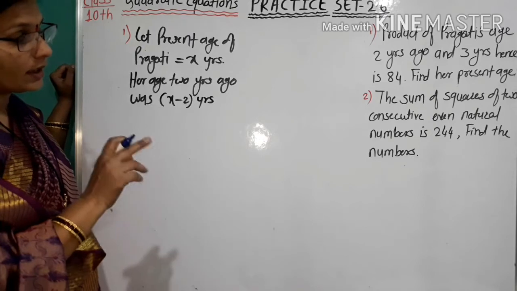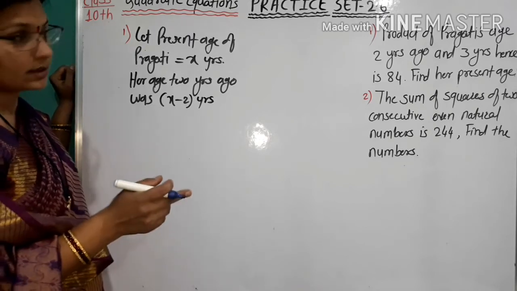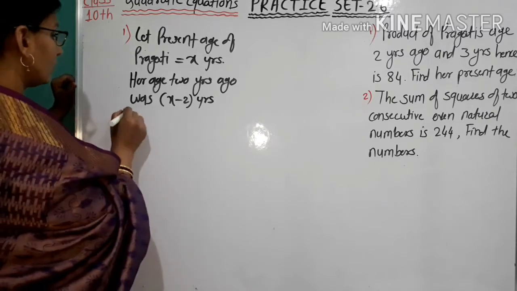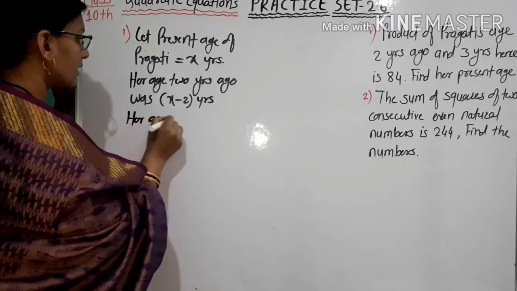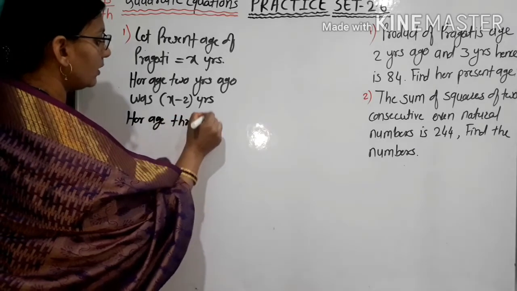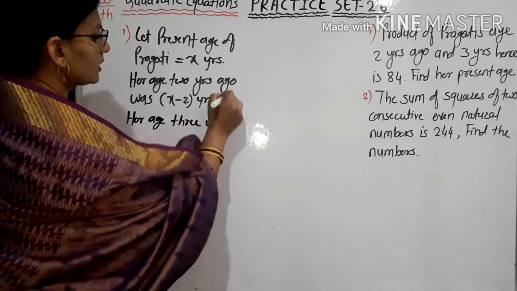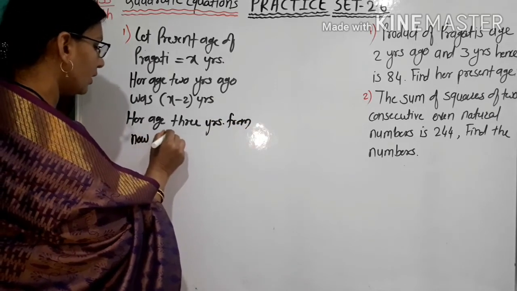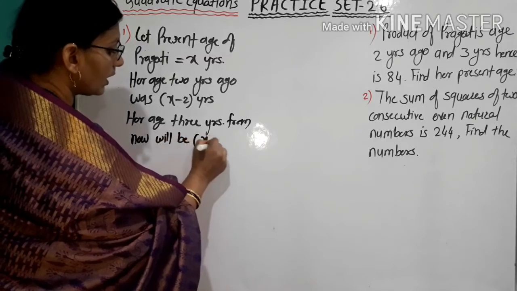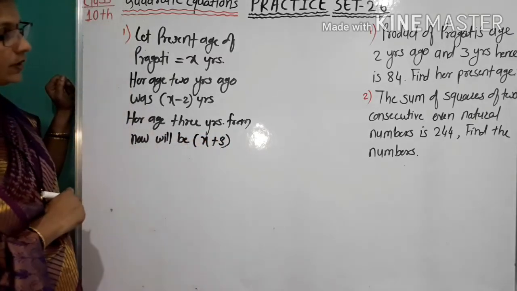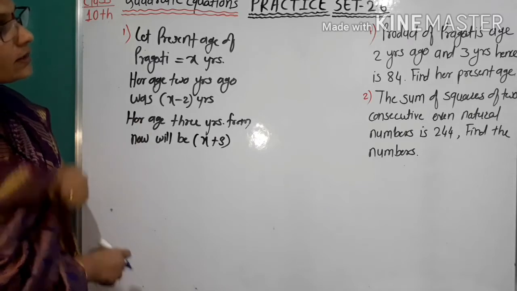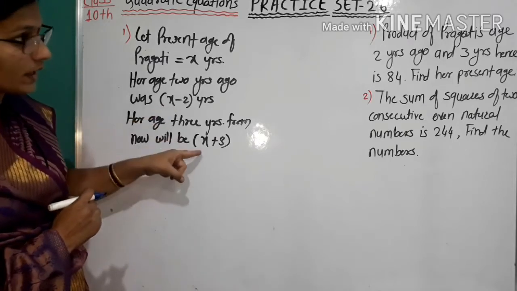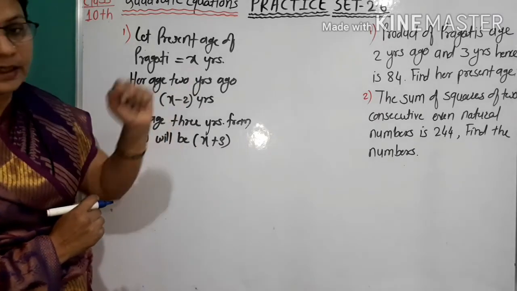And her age 3 years hence, her age 3 years from now, will be x plus 3. In this example, the condition is given that the product of these two ages is 84.